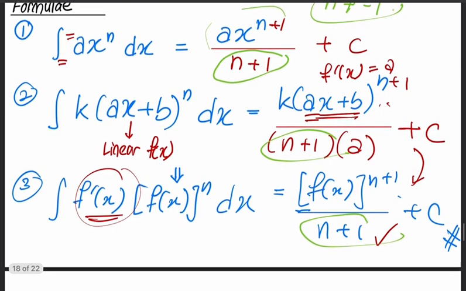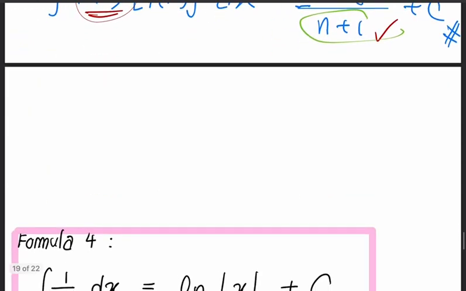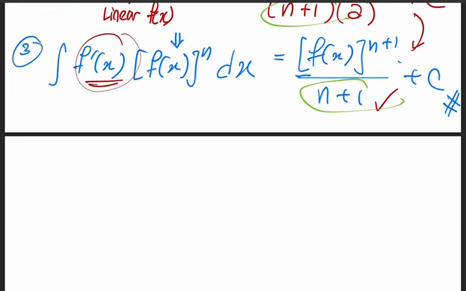Alright. So let's see the formula for the logarithm functions. For logarithm functions in differentiation, we already learned that from the previous videos. I hope you still remember when we have y equivalent to ln x.